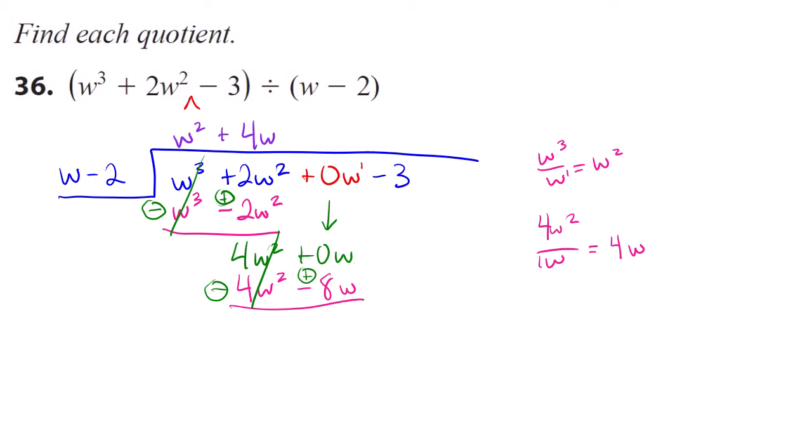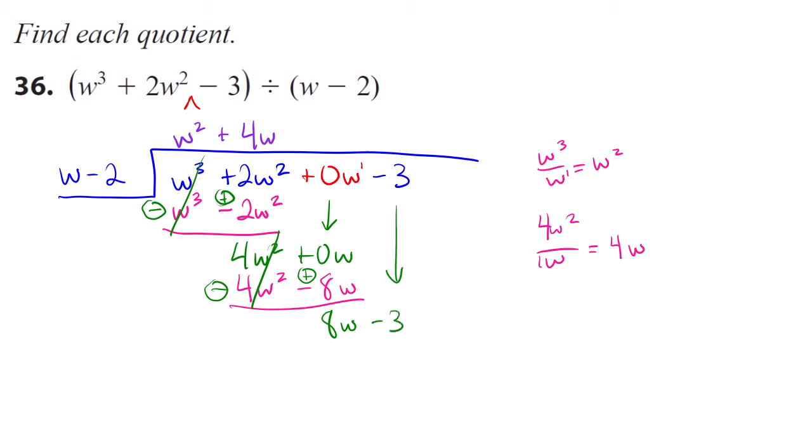If we just had the negative 3 there, that wouldn't align. That's why we hold the place of the term that we're missing in the sequence. When we multiply this, we're going to end up with a w term, so we need that place there to add or subtract. In this case, we're adding 0w plus 8w, and we get 8w. Then we bring down the negative 3.